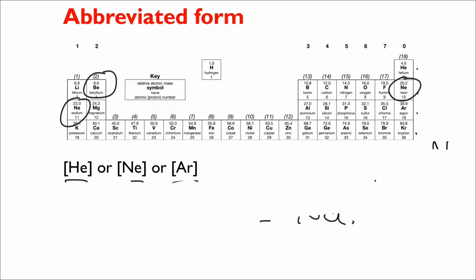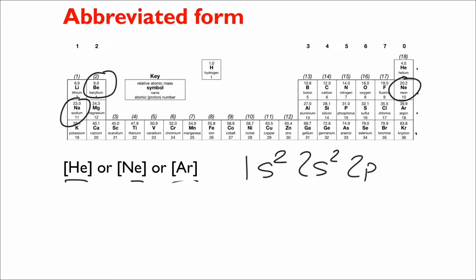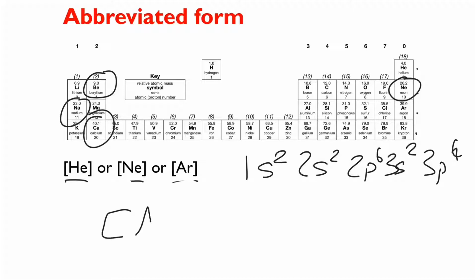Finally, we could have a look at argon. Argon has 18 electrons, which is 1s2, 2s2, 2p6, 3s2, 3p6. Instead of writing all of that out, you would only need to write out the ones that follow. So for example, for calcium, you would write argon in square brackets.